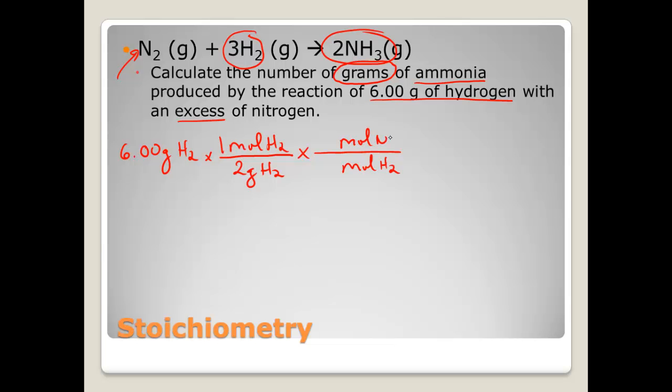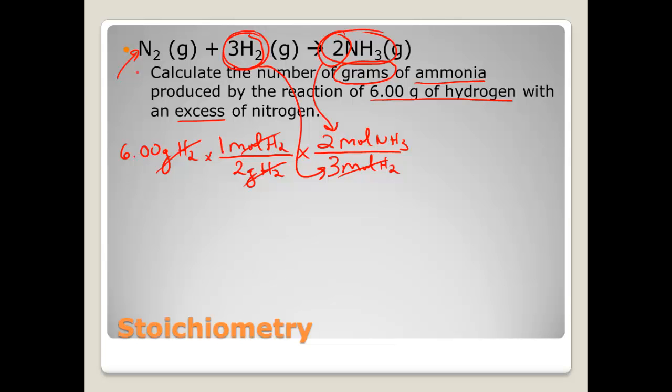For every 3 moles of hydrogen, there are 2 moles of ammonia. Now, if I stop and solve right there, my grams of hydrogen cancel out, my moles of hydrogen cancel out, and I would be left with the answer of moles of ammonia.